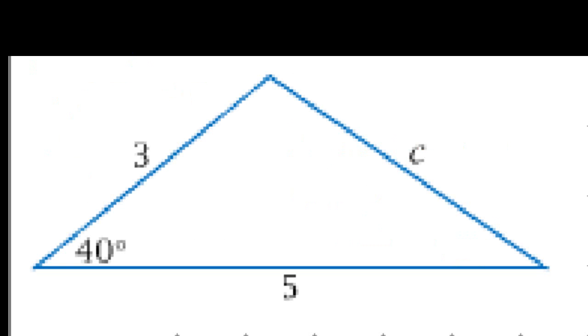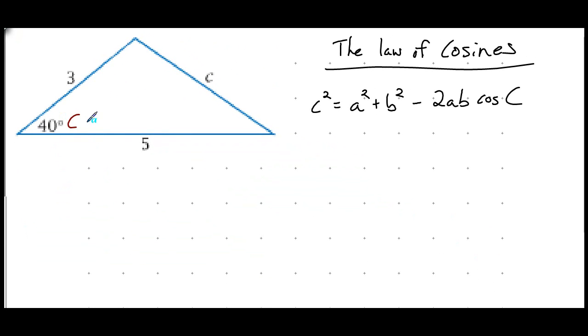In this example, we're asked to find the length of the third side of this particular triangle. We know the side opposite of angle C is what we want. So going through, you know that c squared is equivalent to 3 squared plus 5 squared minus 2 times 3 times 5 times the cosine of 40 degrees.